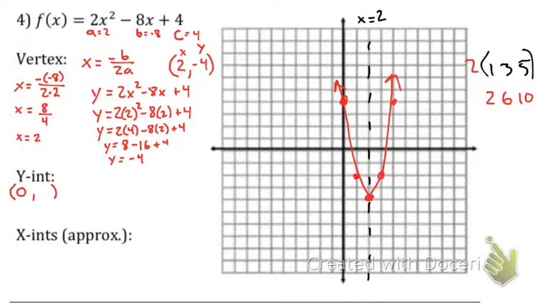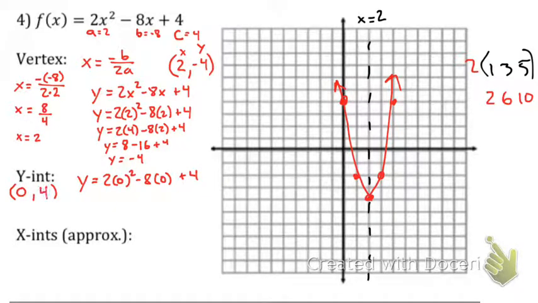If you remember the shortcut, y equals 2 times 0 squared minus 8 times 0 plus 4. If you do all this math, these two terms turn into 0, and you're left with your c value. So in other words, if you have standard form, your y-intercept is always your c value.